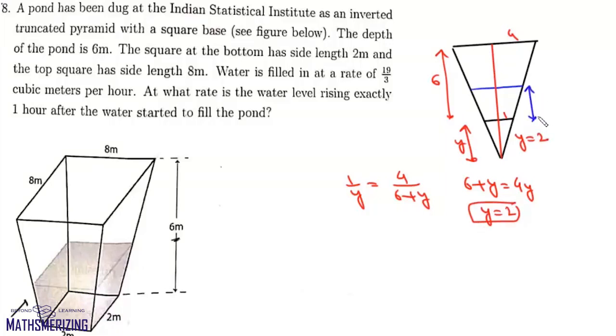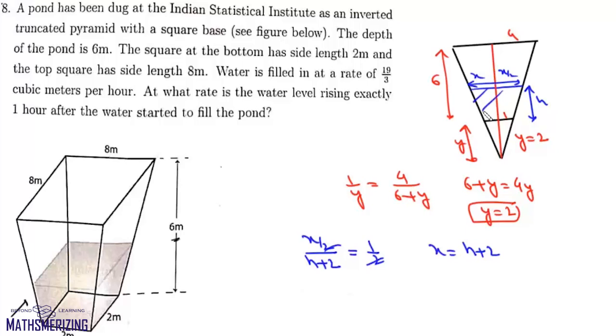Now suppose this height is h and this length is x. So here it will be x by 2. So again, if we write tan theta, we can write x by 2 upon h plus 2 will be equal to 1 by 2, or the value of x is h plus 2.